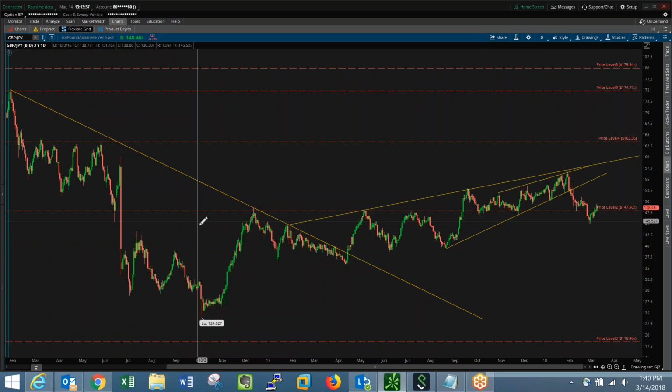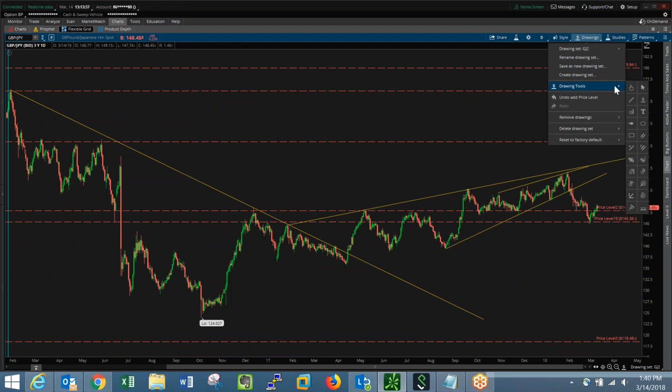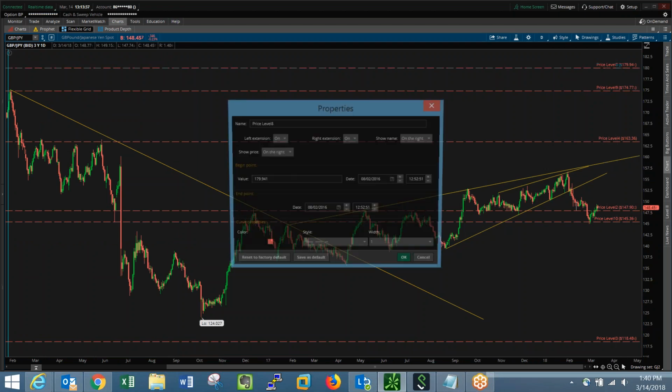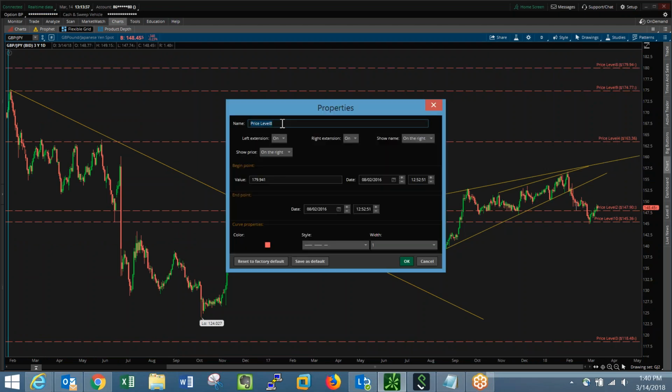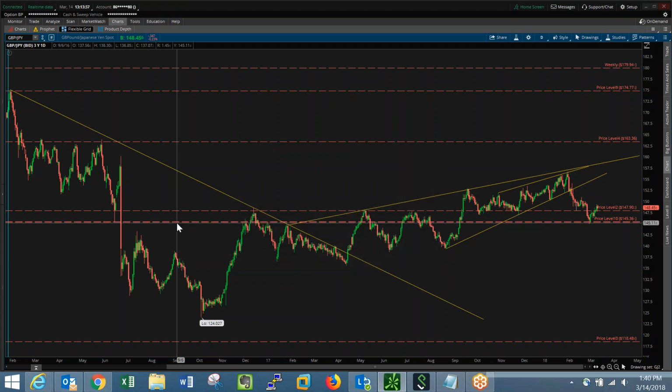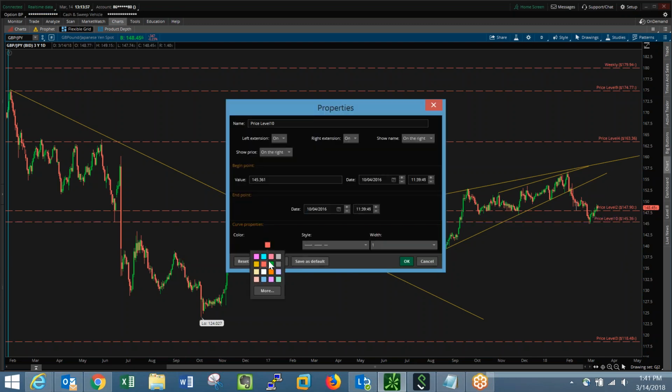And now I can go ahead and start to incorporate support and resistance. So we'll leave red as weekly. Change this to daily, and we'll do light blue.